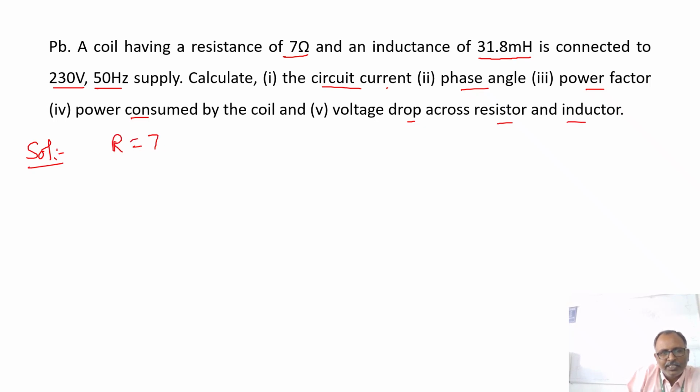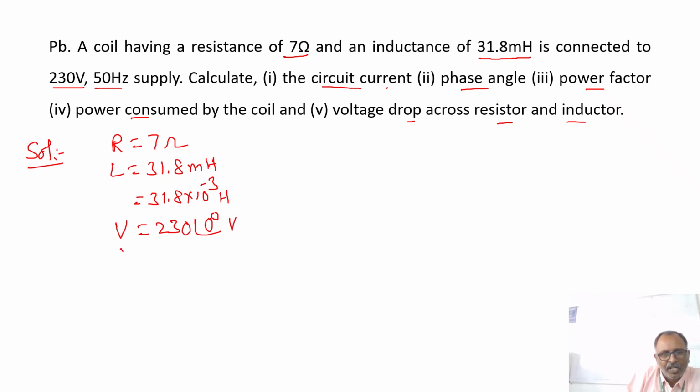Resistance is 7 ohms, inductance is 31.8 millihenry, so it will be equal to 31.8 into 10 power minus 3 Henry. Milli means 10 power minus 3, and voltage they had given as 230, I am taking that voltage as reference, so 230 at an angle 0 degrees volts, and frequency is 50 Hz.